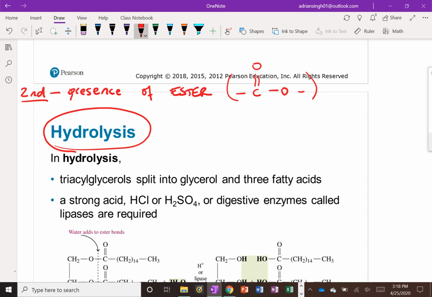So when we hydrolyze a triacylglycerol or a triglyceride, it is going to split into its components. The alcohol that we have would be the glycerol. That's the alcohol that we use to make the triglyceride in the first place. And then the carboxylic acids were the fatty acids.